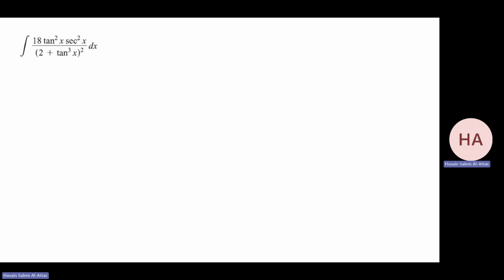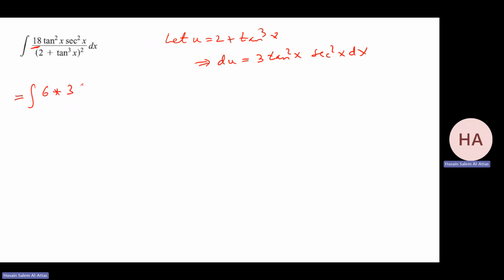It's not. Just if you notice, if I let u equal 2 plus tan cubed x, what will be du? It will be 3 tan squared x secant squared x dx, which is this, but it's not 18, it's 3. So I can write it 6 times 3 tan squared x secant squared x over (2 plus tan cubed x) squared dx. So this is this one.